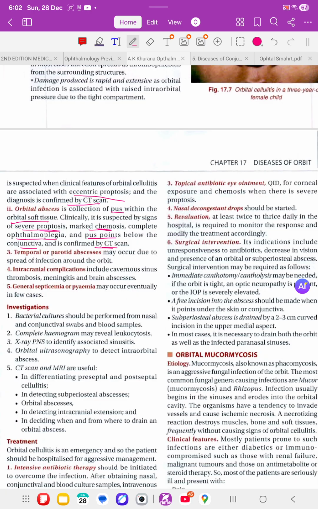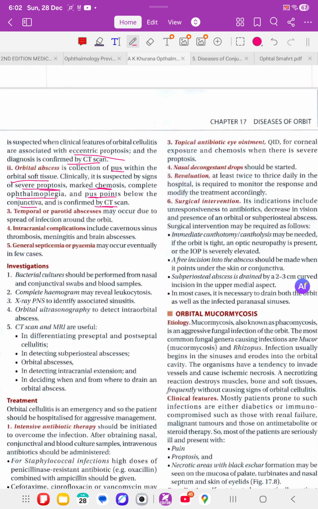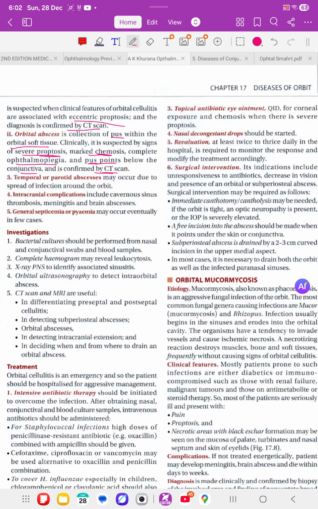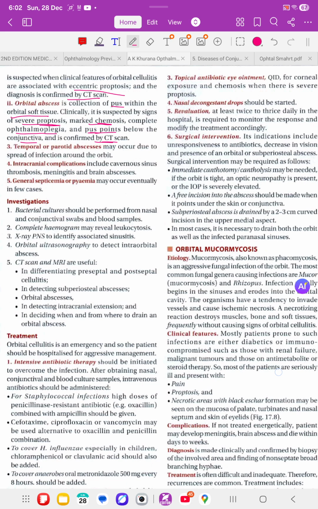Investigations: bacterial culture should be performed from nasal and conjunctival swabs and blood sample. Complete hemogram may reveal leukocytosis. X-ray of the paranasal sinuses to identify associated sinusitis. We have to do whatever we can: culturing, complete blood picture, X-rays of paranasal sinuses, and orbital USG to detect intraorbital abscess.